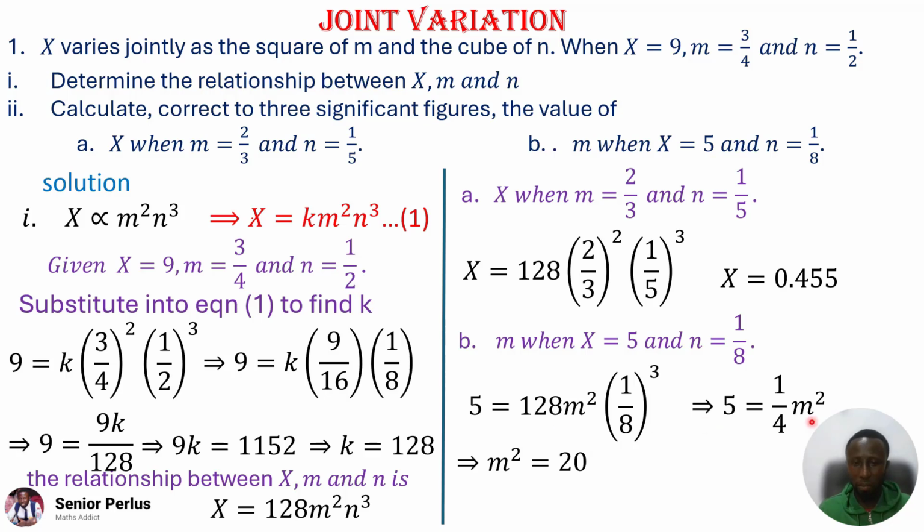Then you have this. Therefore, your M is this. So for the problem of variation, you have to know how to write the equations, okay? The mathematical expression before knowing the equation. So this is our first example under the variation.